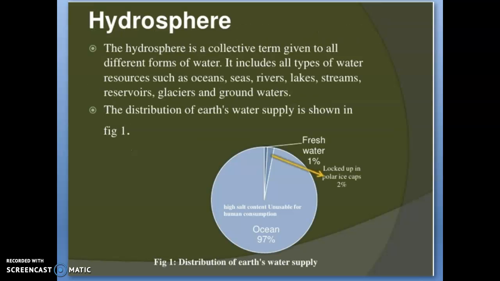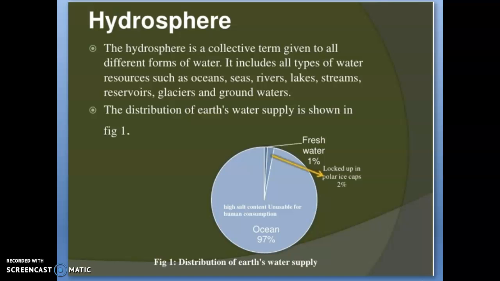Next, hydrosphere. Hydrosphere includes all types of water resources, mainly oceans, seas, rivers, lakes, streams, glaciers, polar ice caps, groundwater, etc. And we know that 90% of Earth's water is in the oceans, and 2% is tied up in the polar ice caps.